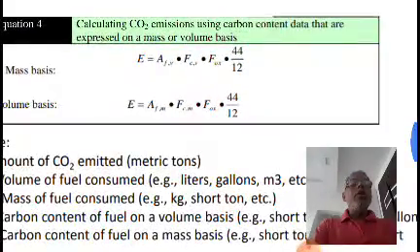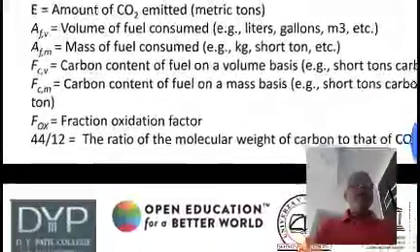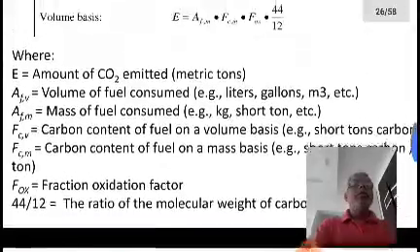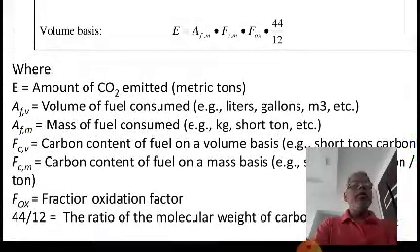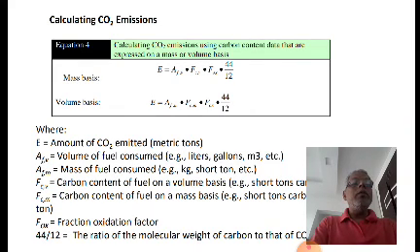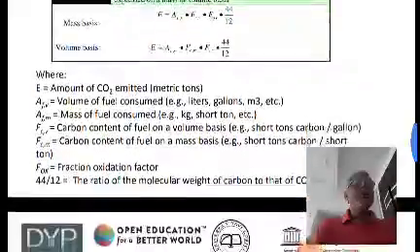So 44 divided by 12 is the ratio of the molecular weight of the CO2 to that of the carbon. All these abbreviations are given here. So by this equation you can calculate the CO2 emission.